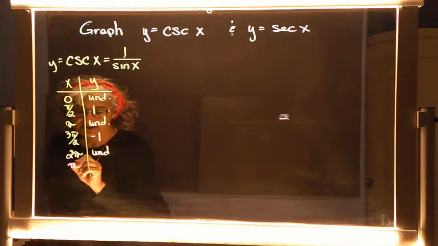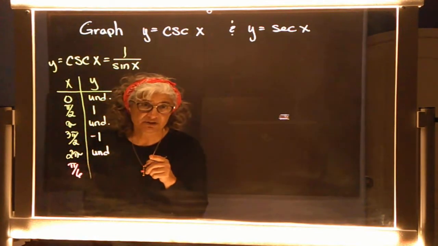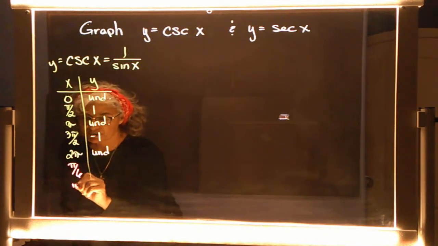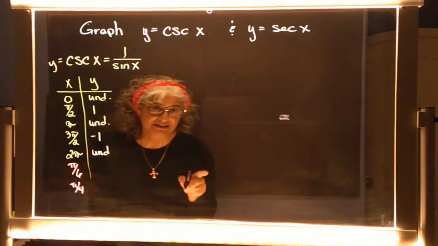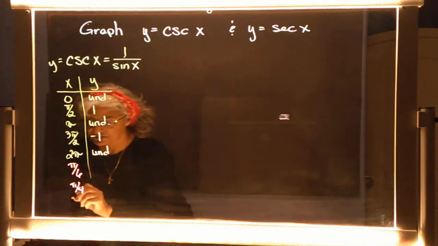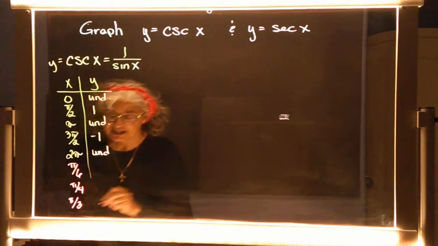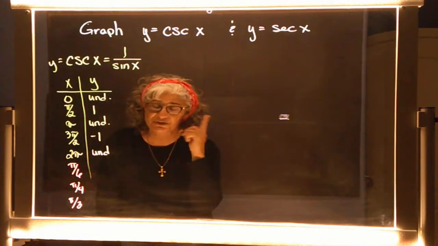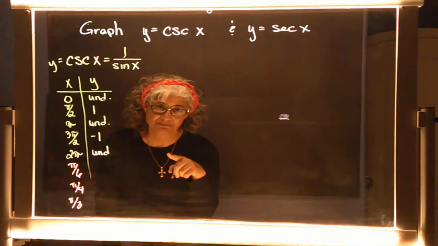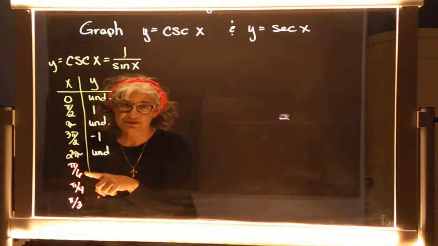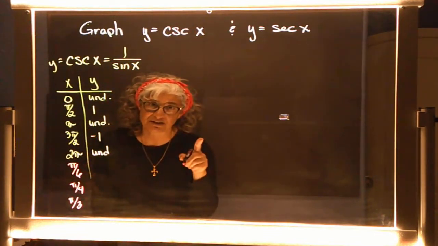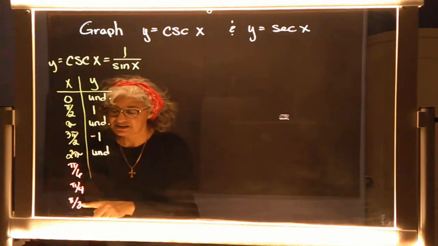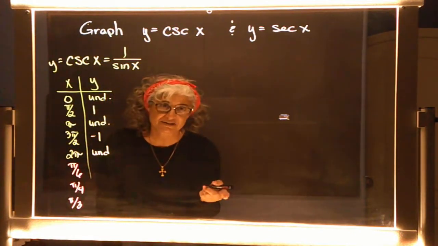Good, pi over 6. 45 degrees is pi over 4. And 60 degrees, pi over 3. In a previous lecture, I remember which is which by remembering the 3's and the 6's go together. So if I see a denominator of 6, I know it's a 30-degree angle. If I see a denominator of 3, I know it's a 60-degree angle.